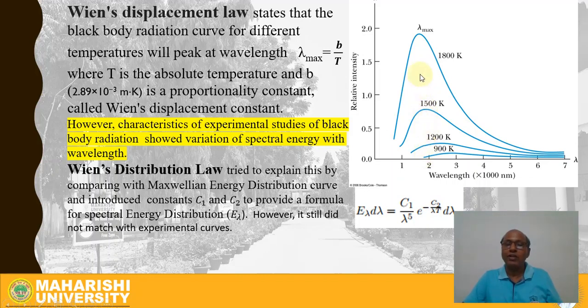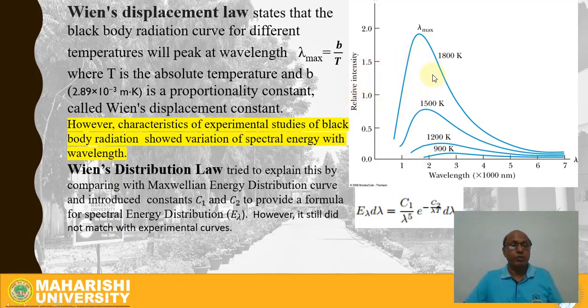When you raise the temperature of the black body further, let's say to 1800 Kelvin, the wavelength goes down to 1500 nanometers approximately, where the intensity is at its maximum.